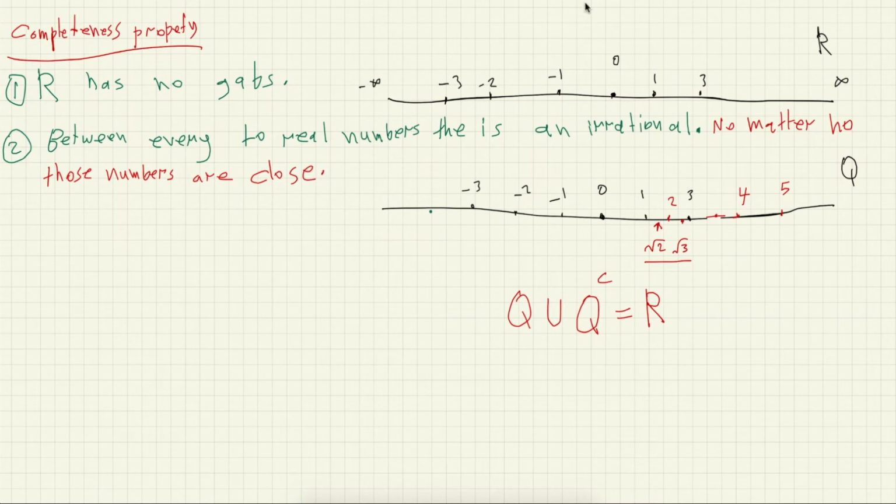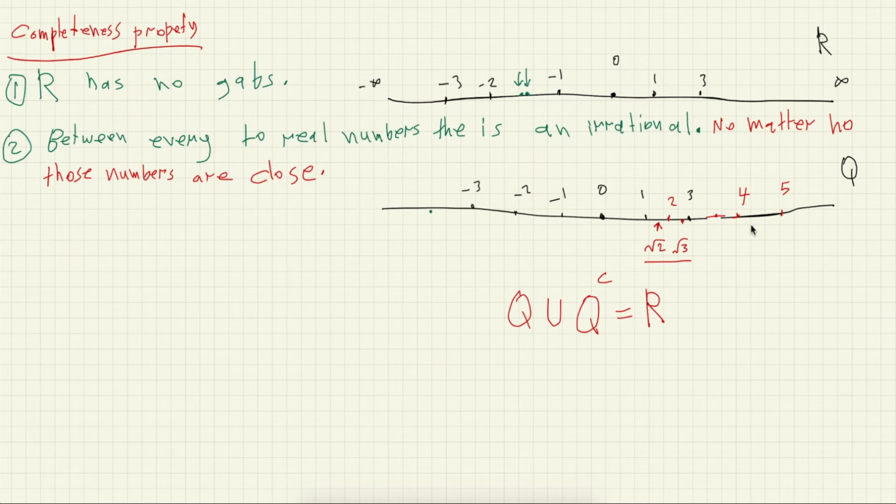So in the real numbers, between every two real numbers, even if they are very, very, very close, there is an irrational number between them. Okay? So when we say between every two real numbers there is an irrational number, that means those real numbers could be irrationals or could be rationals.